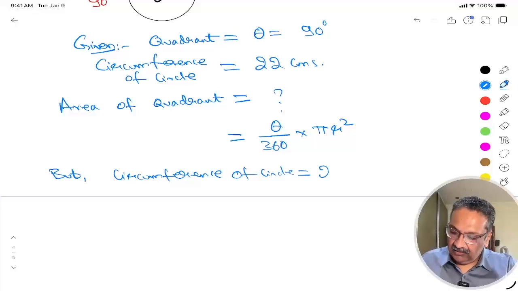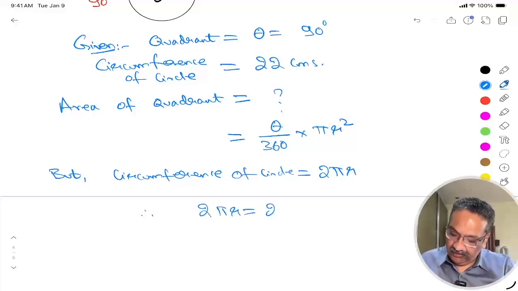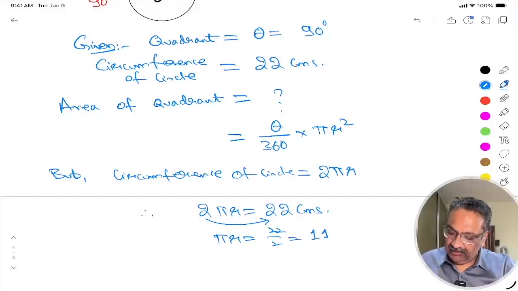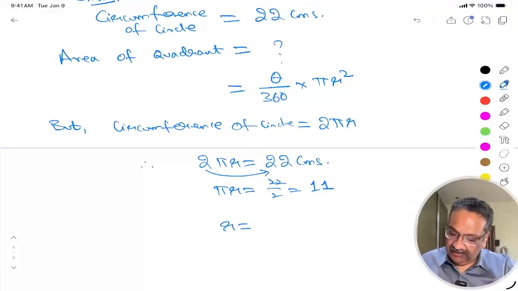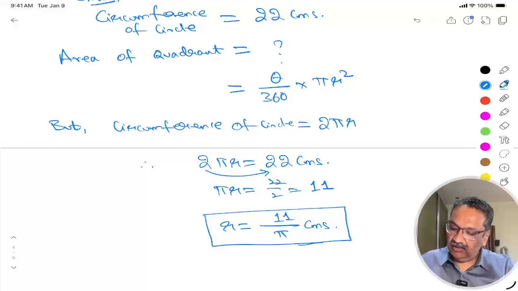Therefore 2 pi r is 22 centimeters, or pi r is 22 by 2, which is 11, and radius will be 11 by pi centimeter. So we have got radius. Now we'll substitute this radius in the formula.